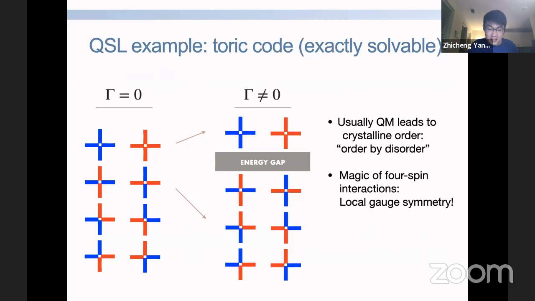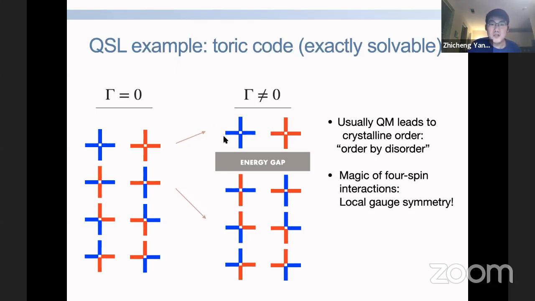Okay, now let me say something about the magic of the four-spin interaction. Again, this is well known, but hopefully let me try to explain it from a different perspective. Now you can see that in the absence of any quantum mechanical fluctuation, like in the Z basis, you get these 8 vertex configurations that are equally good energetically.